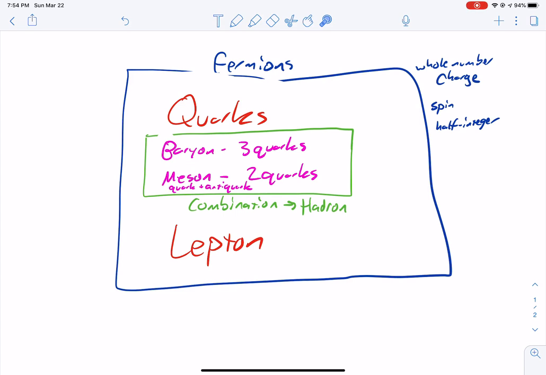This is one reason I'm glad we're able to stretch this chapter out a little bit longer, because I do know this language can be a little confusing sometimes. What you might want to try is a note card or something like that to really get that language down, because we're going to be using that language in future virtual classes. If I say a baryon, you need to know that's something that has 3 quarks.